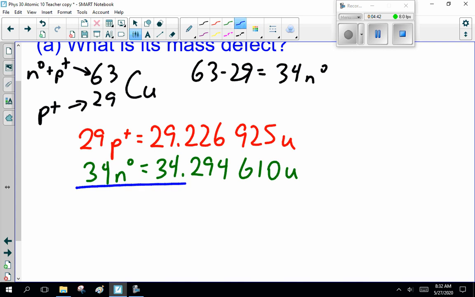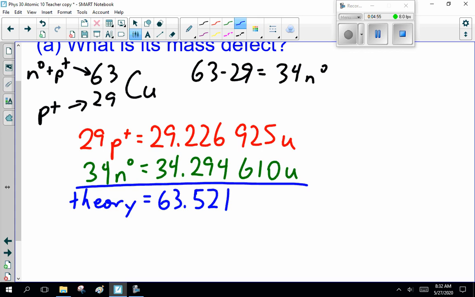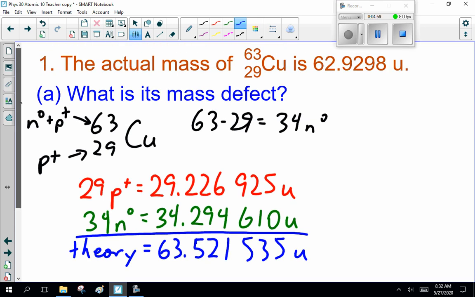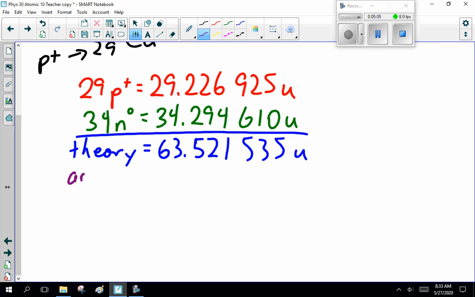So, in theory, the mass is 63.521535 units. Actually, 62.9298.